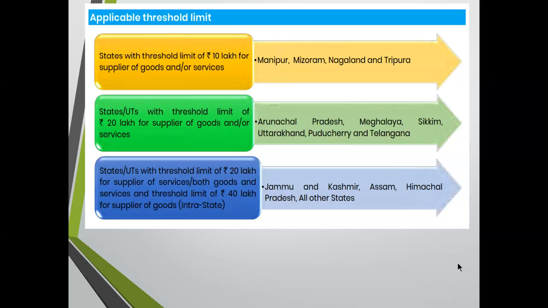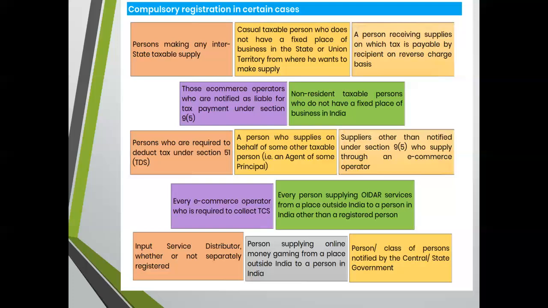Now you may see who are all the persons, other than this normal registration, for whom the threshold is different. If you are having those transactions which have been mentioned in this PowerPoint slide, then you would be required to have compulsory registration.